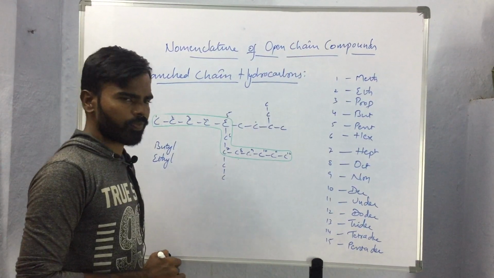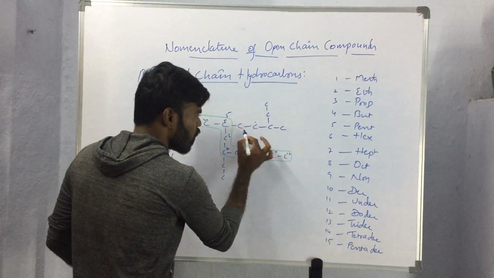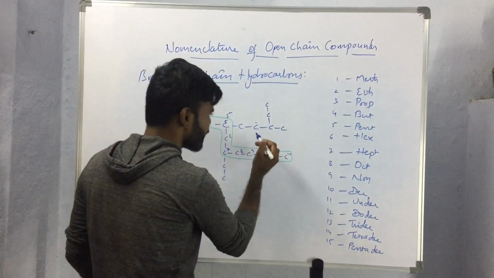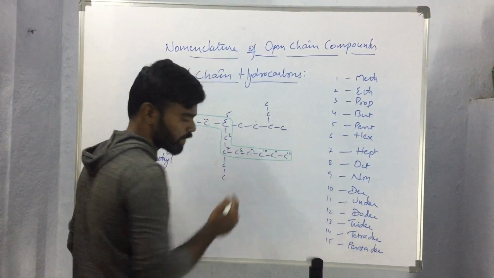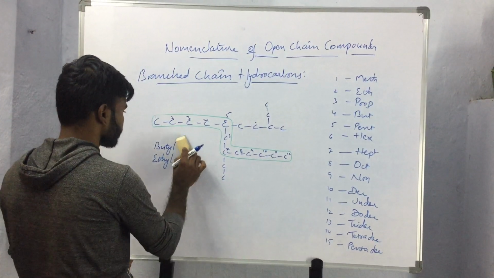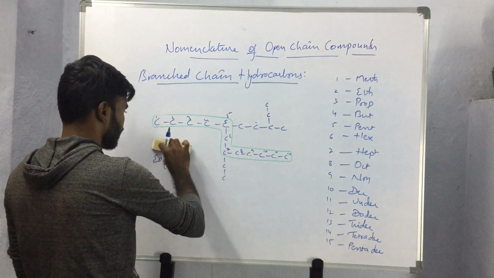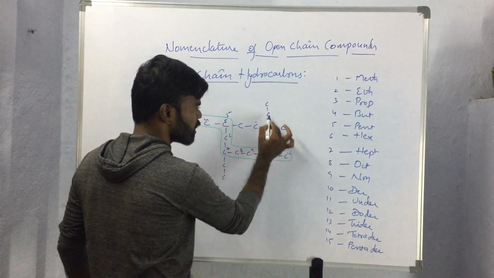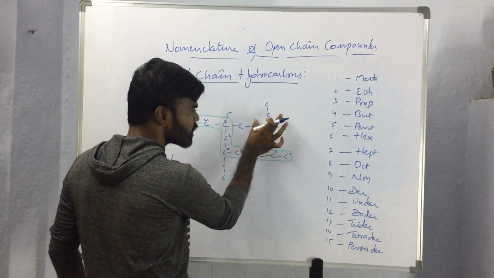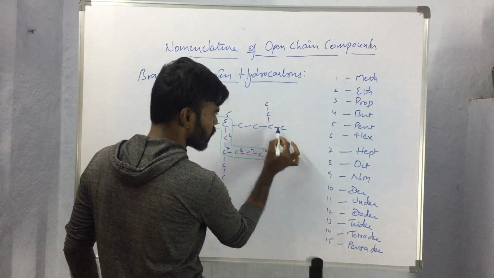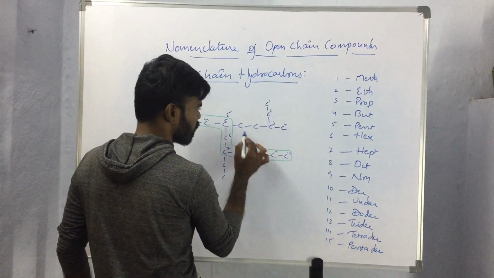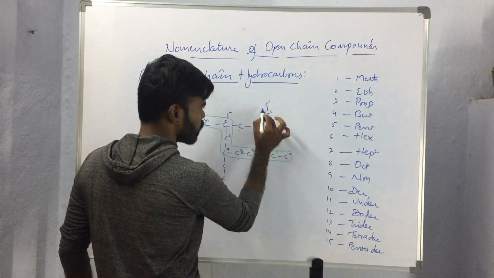So now on the butyl side chain or butyl branch, in these conditions we have to see the longest possible continuous chain in this side chain also. So here 4 and 5, so 1, 2, 3, 4, or 1, 2, 3, 4, 5.